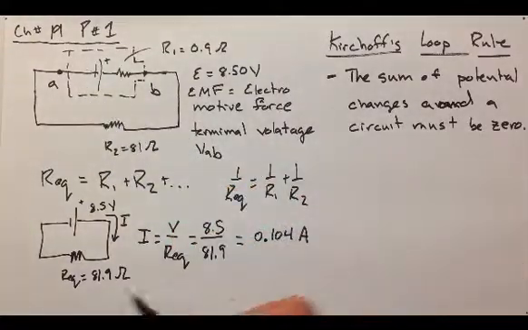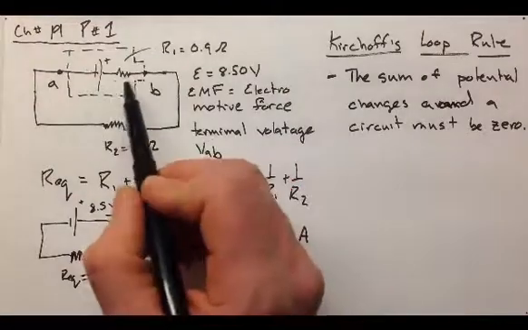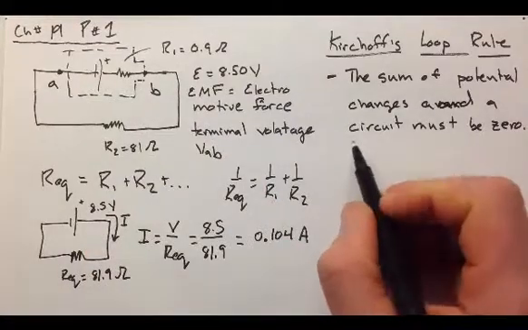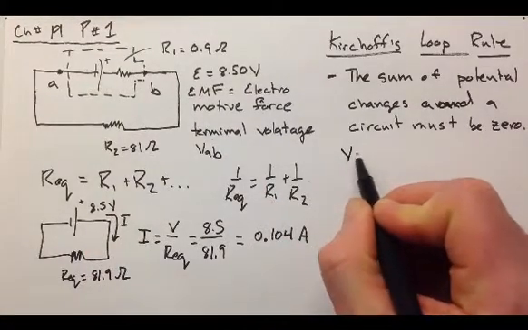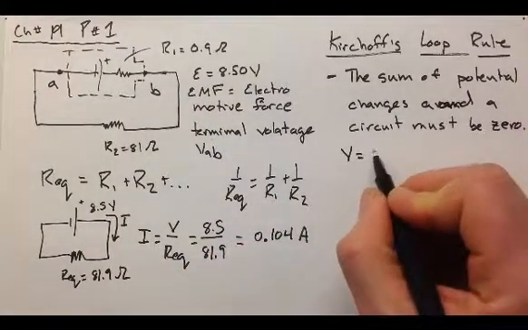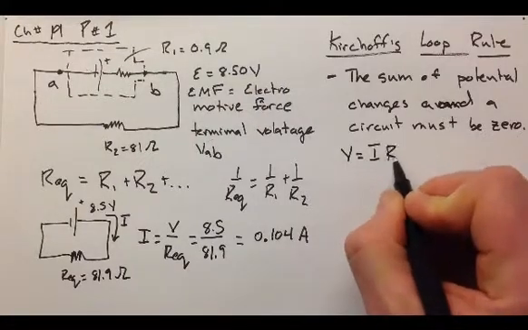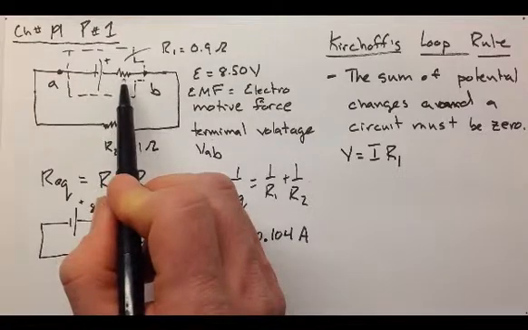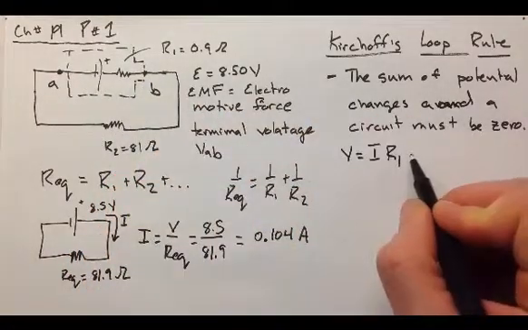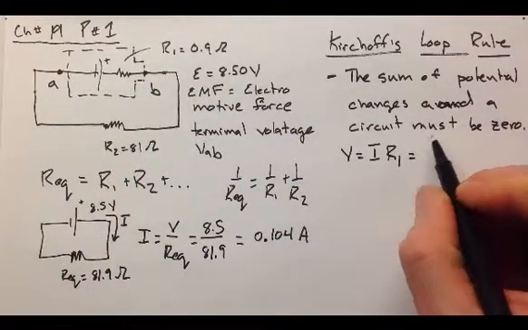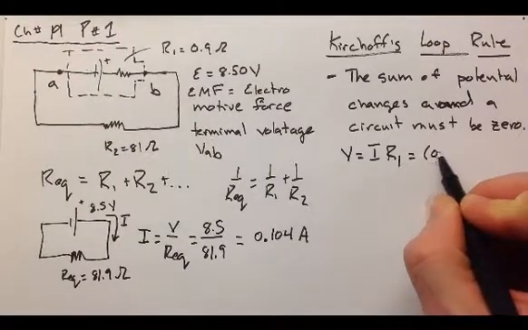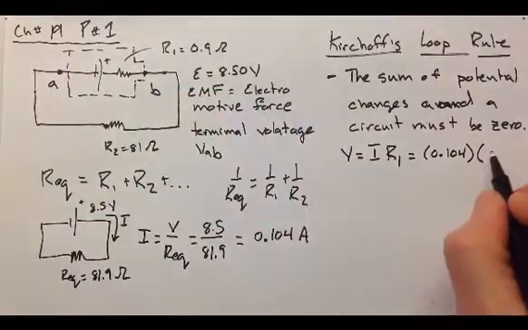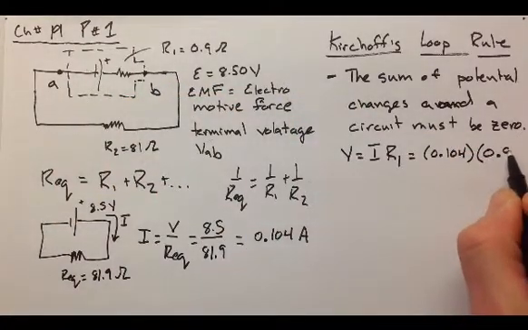All right? So, how do I figure out how much voltage is lost across this little internal resistor? I could do that by rearranging Ohm's law, and this time I'm just going to calculate the voltage drop across R1. This would be equal to the current in the circuit, 0.104 amps, times just that resistance, 0.9.